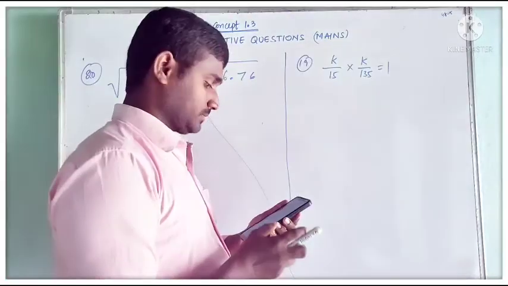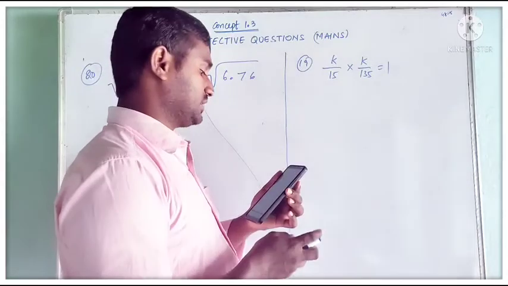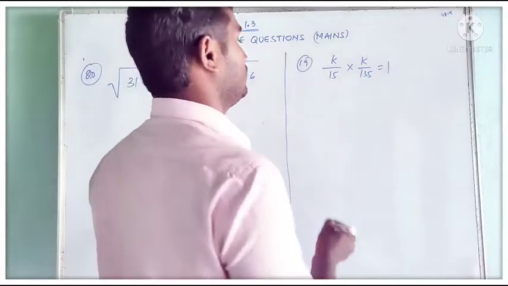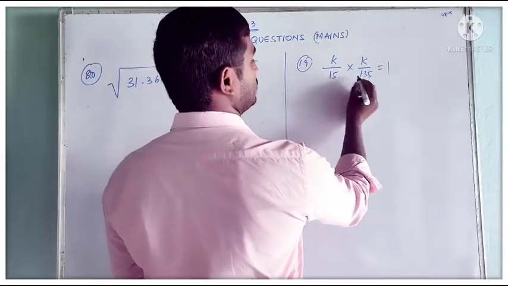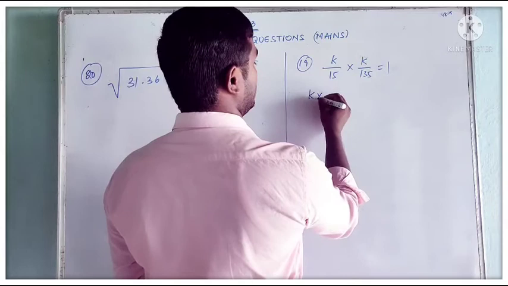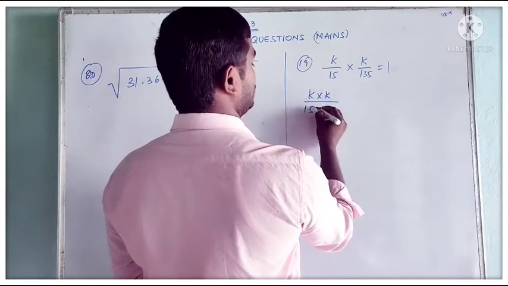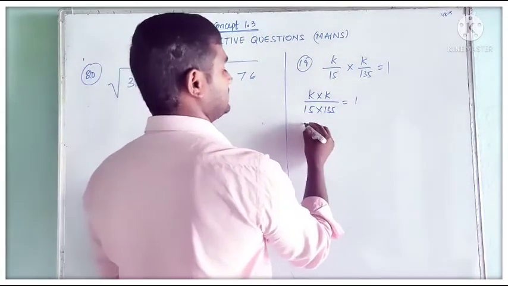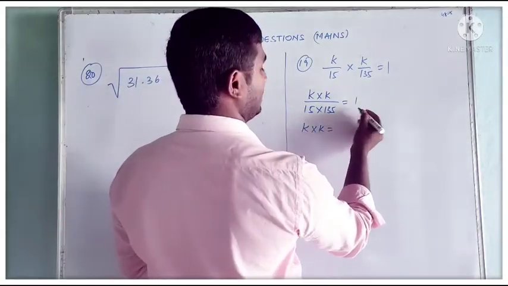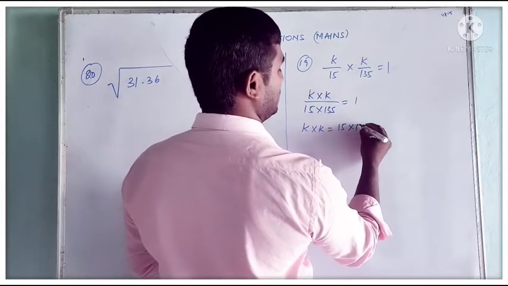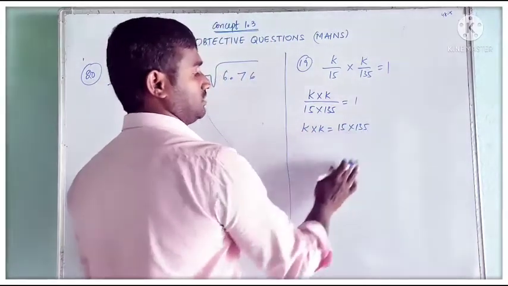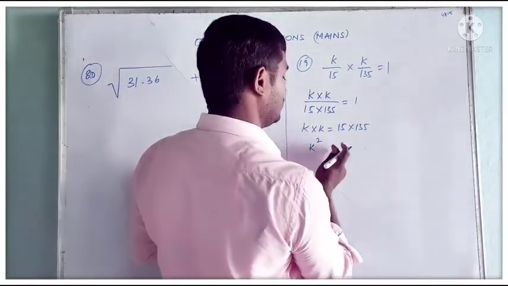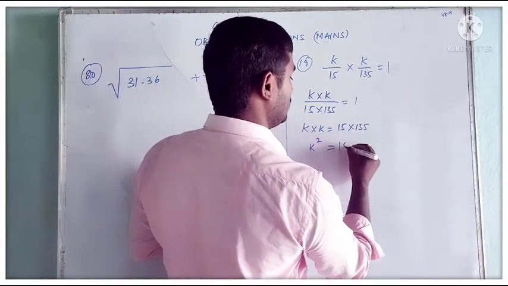Okay. Next, I am going to discuss the 19th question. For what value of k does the statement k by 15 into k by 135 equal 1 hold? You can multiply numerator into numerator, denominator into denominator. So k into k by 15 into 135 equals 1. If you send 15 into 135 to the right side, k into k equals 1 into 15 into 135. 1 into any number is that number itself. So k squared equals 15 into 135.